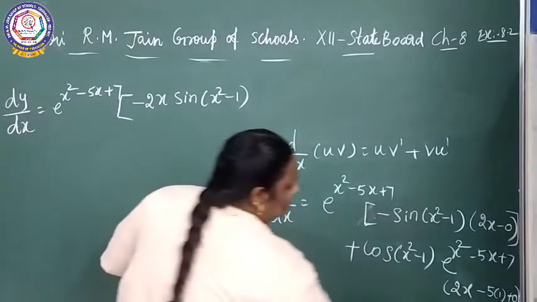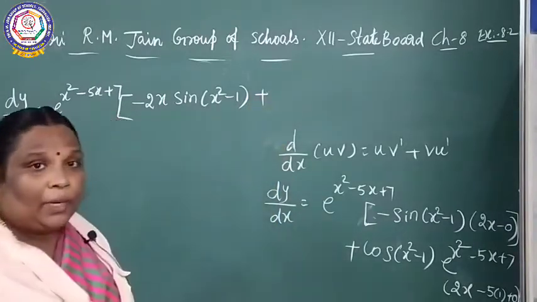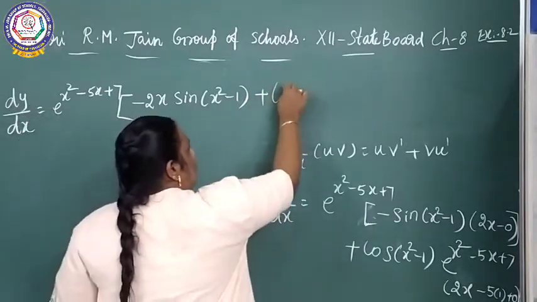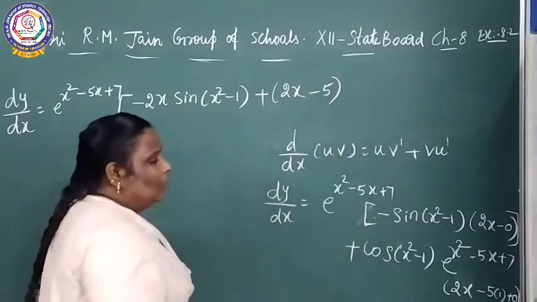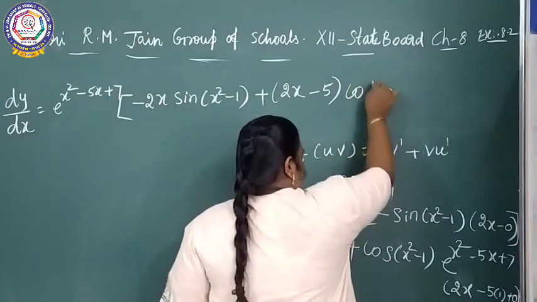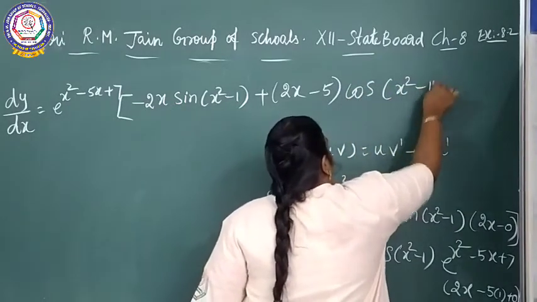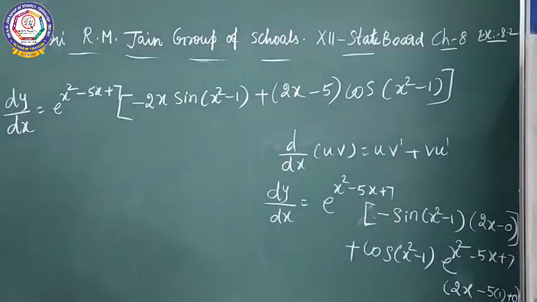So, what is the remaining part here? Plus (2x minus 5) into cos of (x square minus 1).